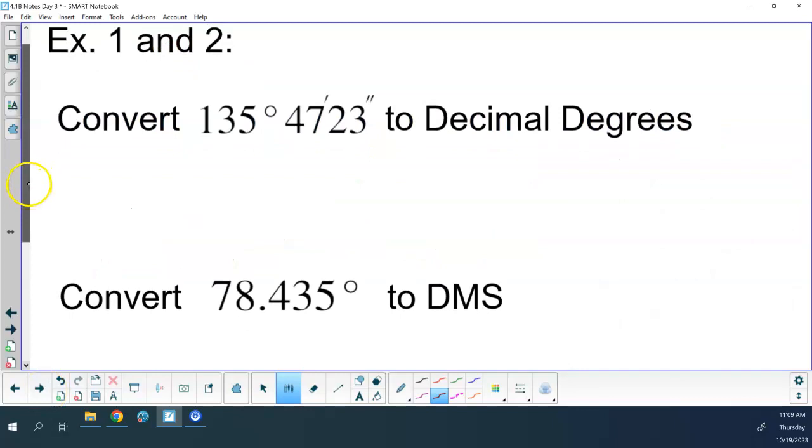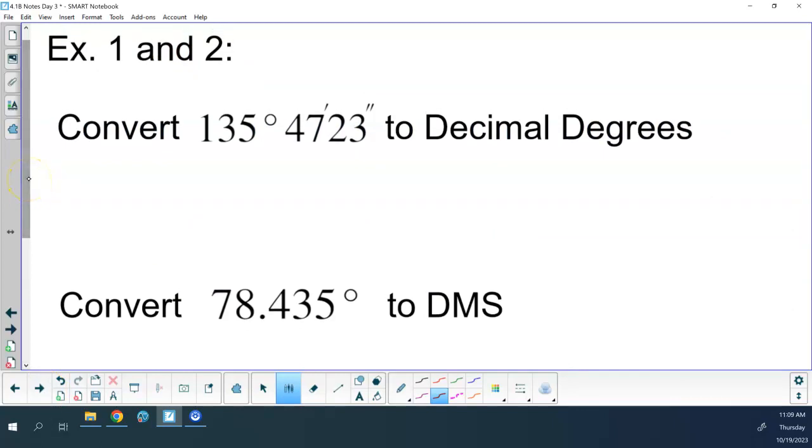First 2 examples. Convert 135 degrees, 47 minutes, 23 seconds into decimal degrees. And convert 78.435 degrees into degrees, minutes, and seconds. All right, so 135 is 135. That one's going to be as is. Then we got to add to that 47 over how much? 60.